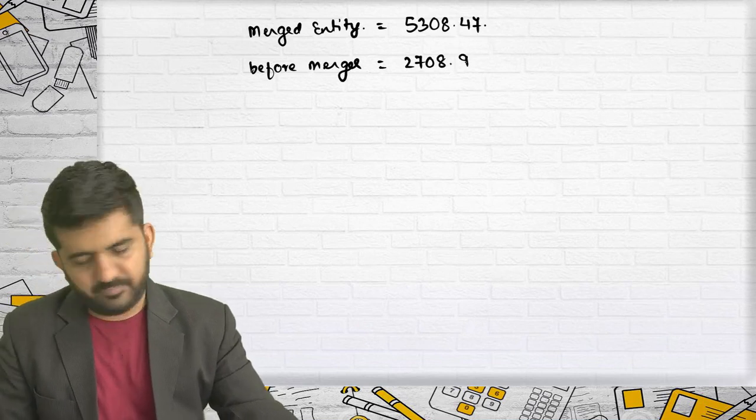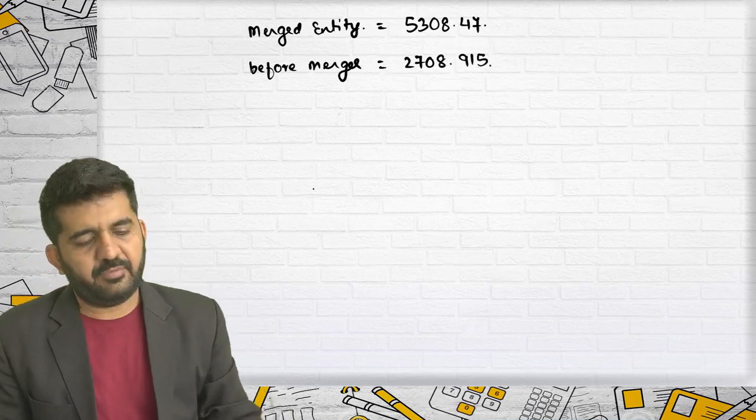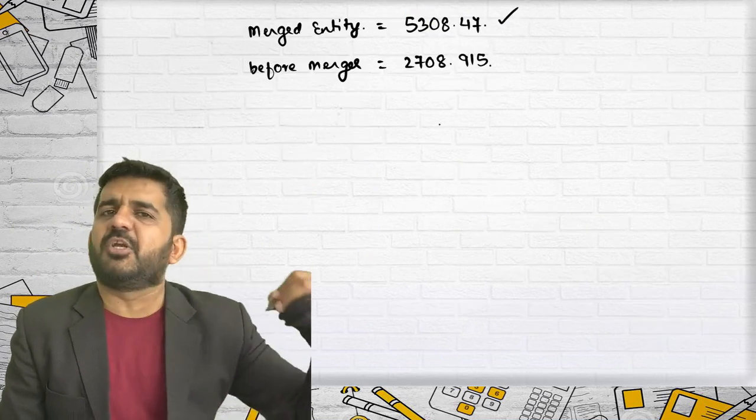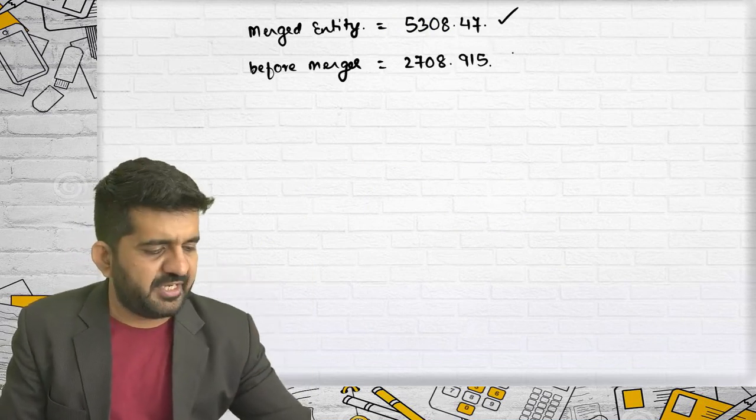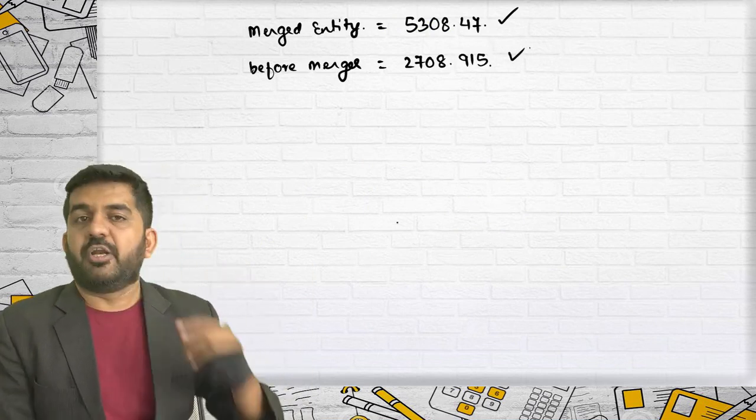These are the two things. I have not calculated this, but you can easily do it by the same method. Just the growth rate should be taken as 6%. And this we have already found out.